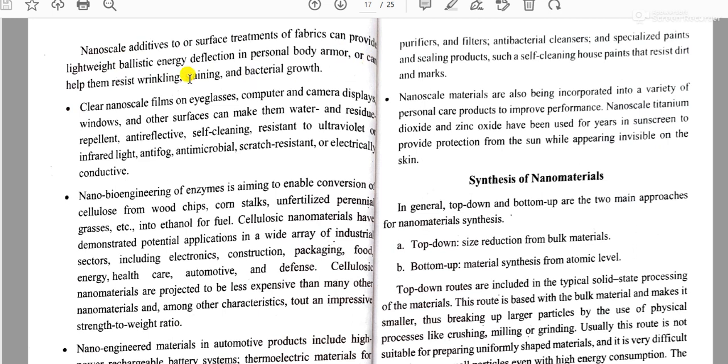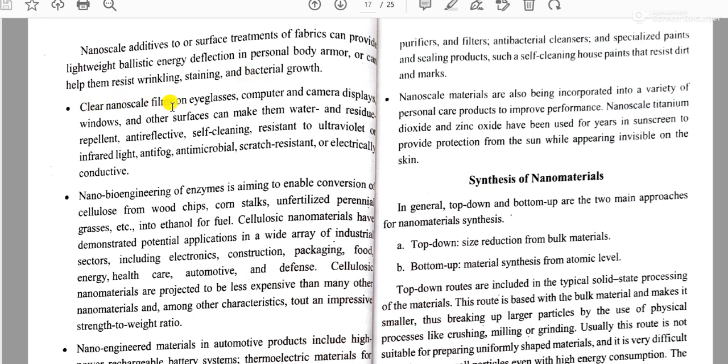Okay, and also this type of fabrics will not wrinkle or be stained easily. And certain types of fabrics can also have antibacterial property depending on the type of nanoparticle coat. For example, silver nanoparticle has antibacterial property. So if silver nanomaterials are coated over these fabrics, then bacterial growth can be prevented over this fabric.